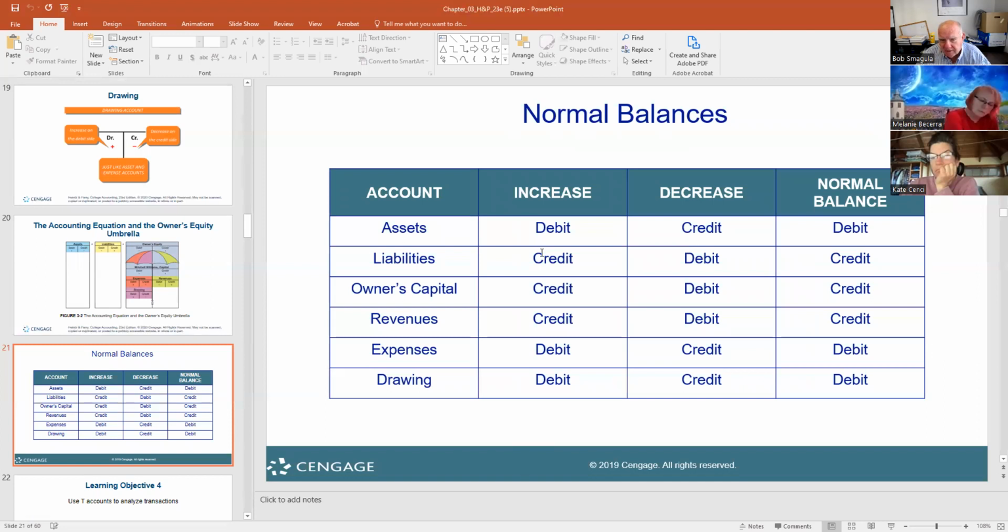Increase column: assets, debit; liabilities and equity, credit; revenues, credit; expenses, debit; drawing, debit. You'll be surprised how tricky this is to start working with when you get going with the homework and the assignments. It's only six things, but it's really going to blow your mind for a little while anyway, I think, if you're like most students, okay?